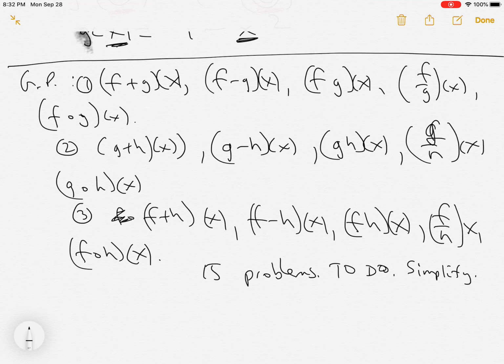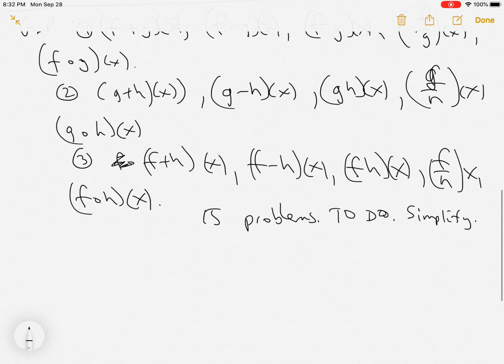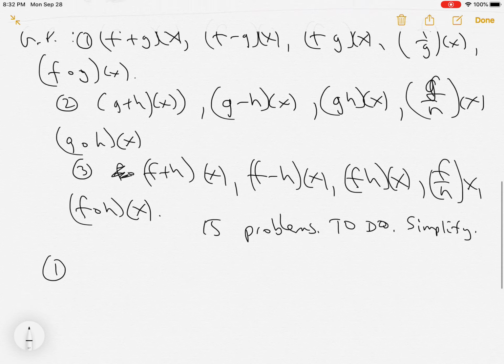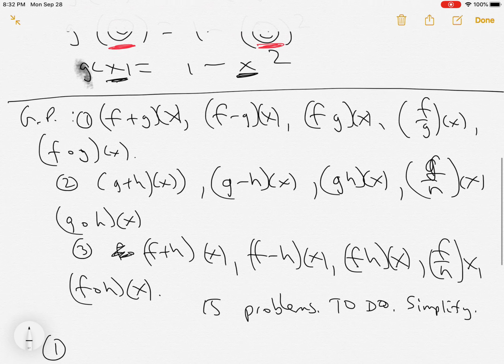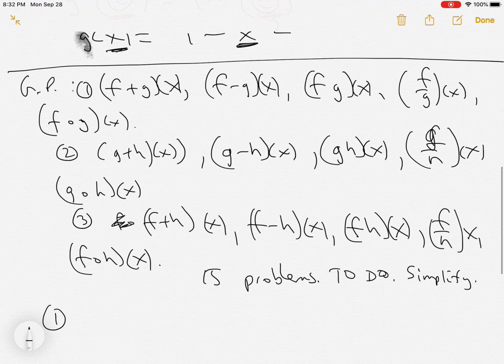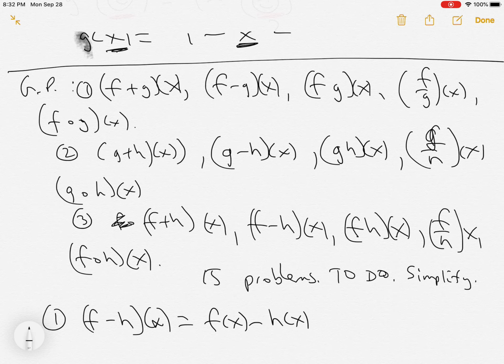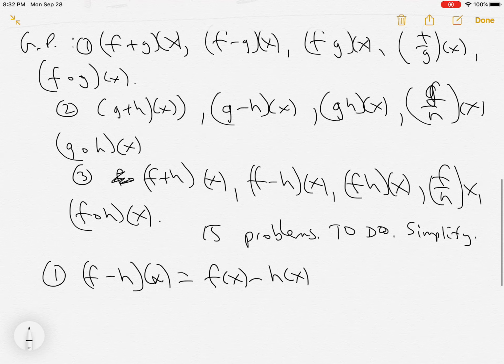So I'm going to do 3 of the 15 for you. First of all, I'm going to do f minus h of x, which is f of x minus h of x.